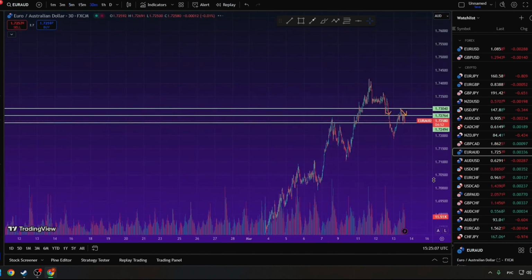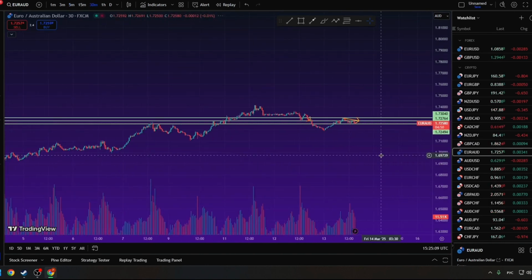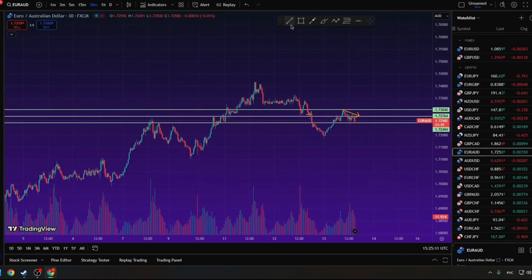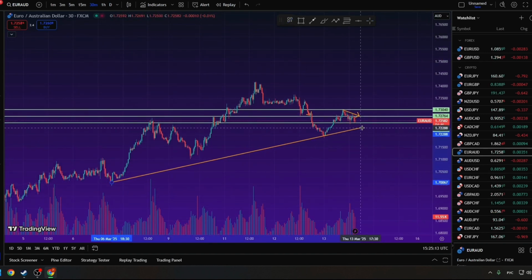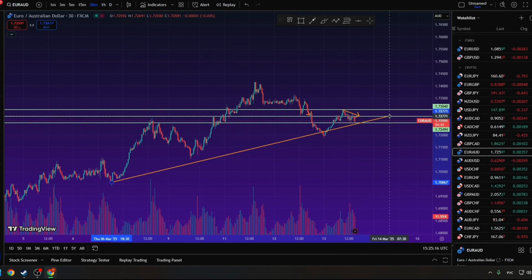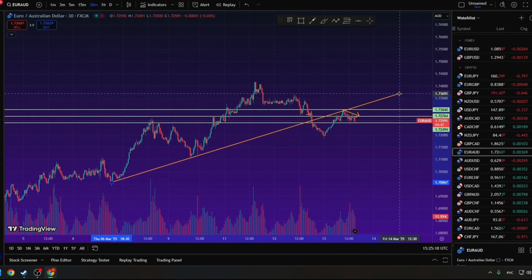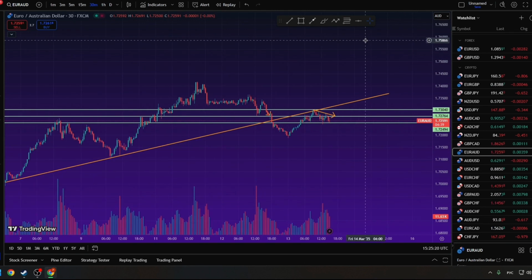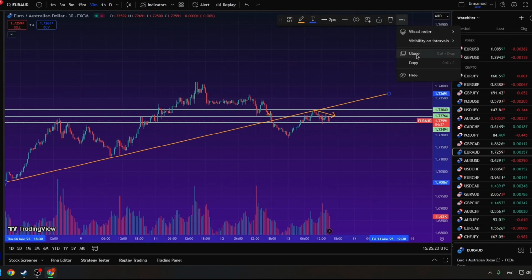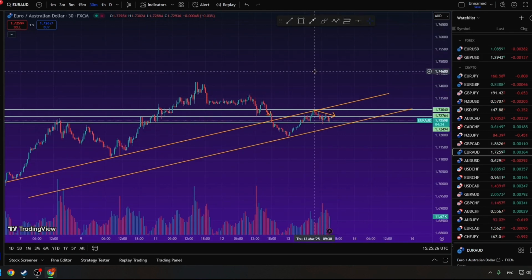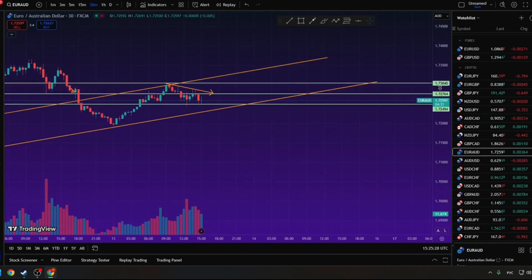Let's switch to the 30-minute time frame. Let's draw a support level, which after some time became a resistance level, as well as a parallel support level, which the price is now likely to approach.